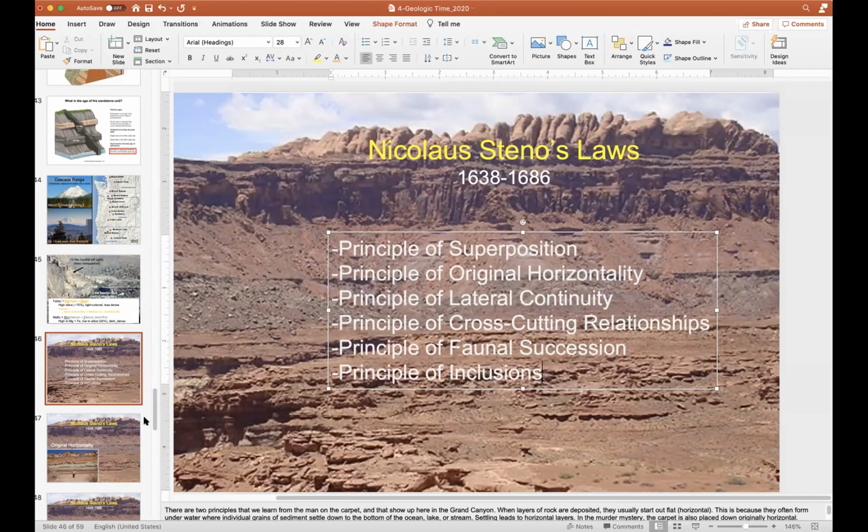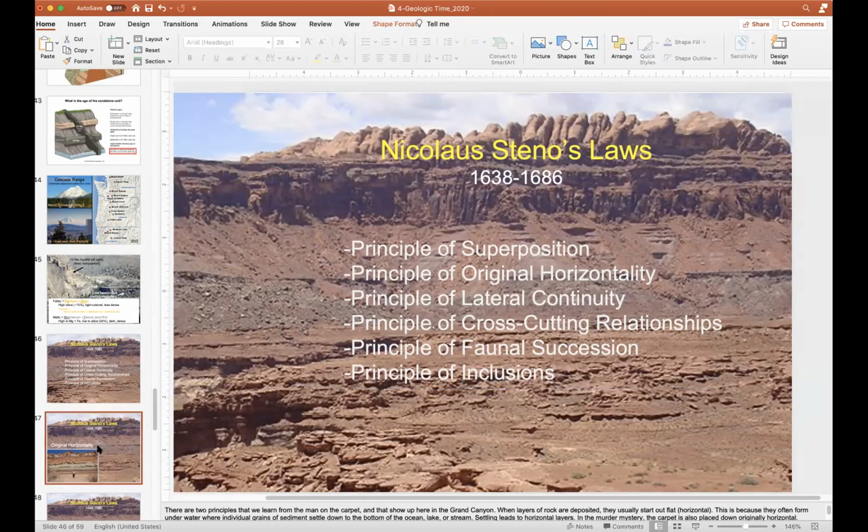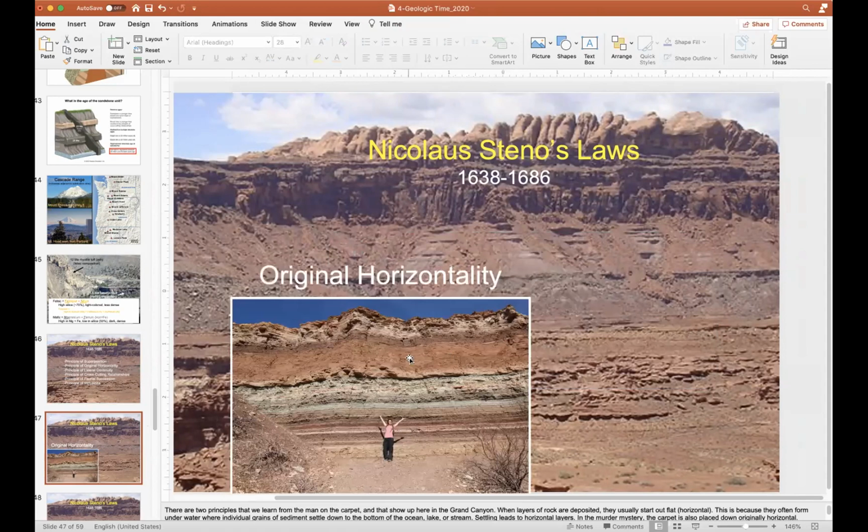I'm not sure you have any puzzles that have this sort of principle applied, but let's say this red sandstone unit here had ripped up with it a piece of basalt as it was being deposited.